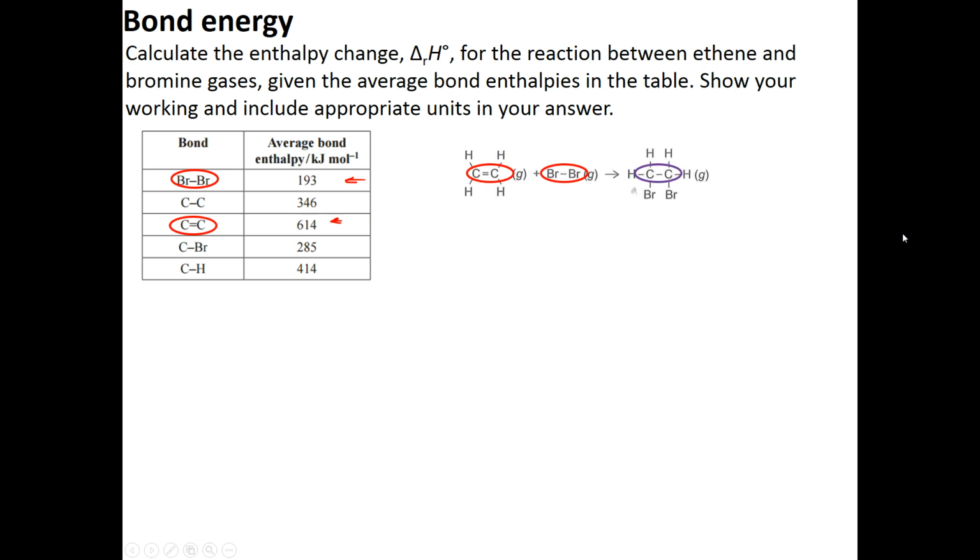And if you look at your reactants, you'll see you've got four CH bonds, and that's why I have ignored them in this problem. But otherwise, you make one C-C single bond, and then you also make two C-Br single bonds, and that's that value over there.